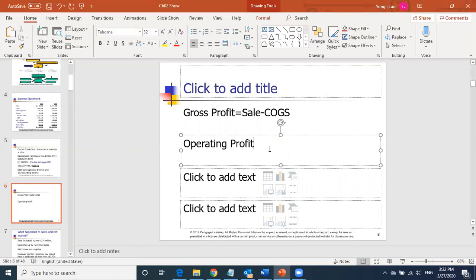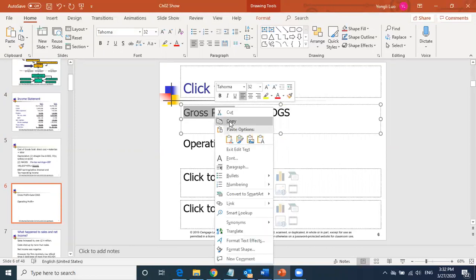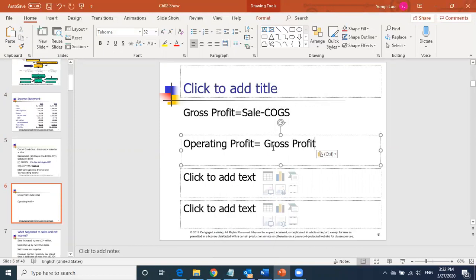Operating profit is your gross profit minus your other expenses, and also minus your depreciation.